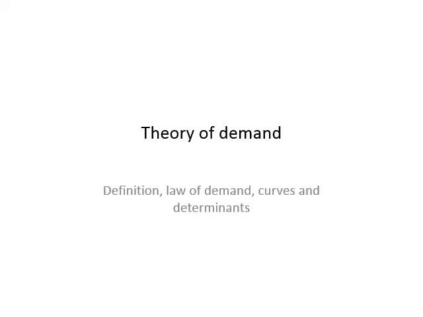As we mentioned before, theory of demand expresses the behavior of consumer, while theory of supply expresses the behavior of supplier. The main objective of economics is to study the behavior of economic units.